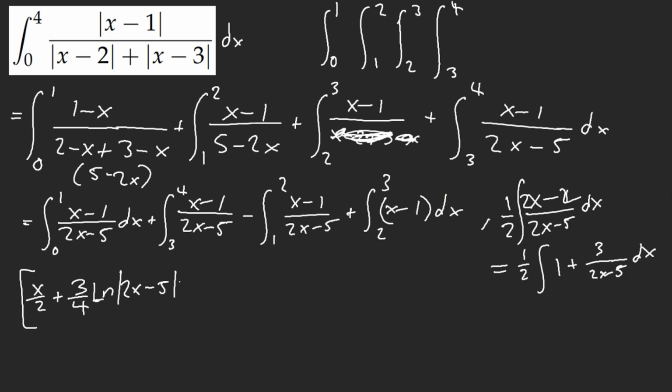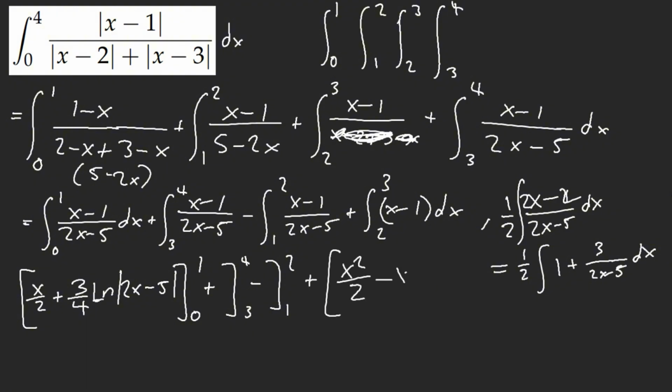That gets a lot of beginners and intermediates. And then we're done. That's our indefinite integral. And this gets applied for 0 to 1, plus 3 to 4, and then minus 1 to 2. And then here, we have our own different indefinite integral for 2 to 3. Okay?